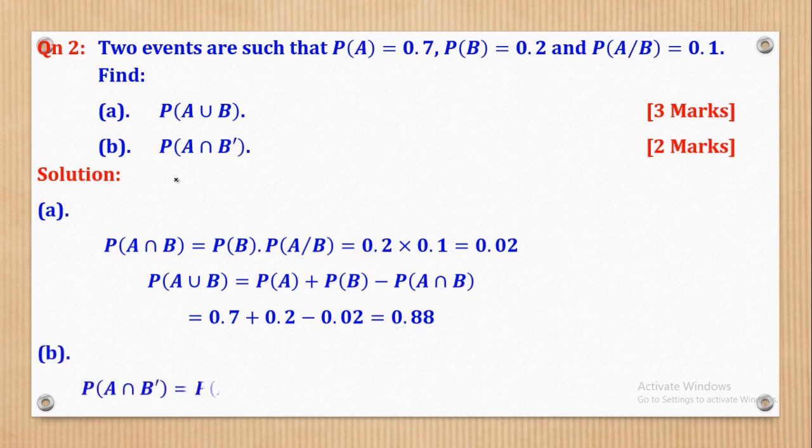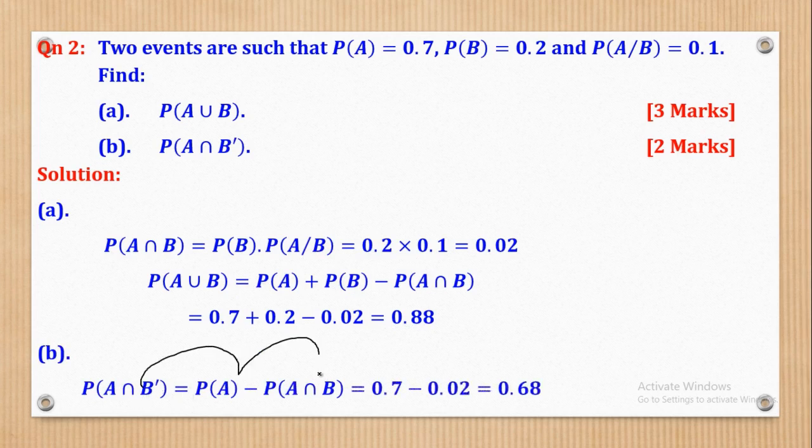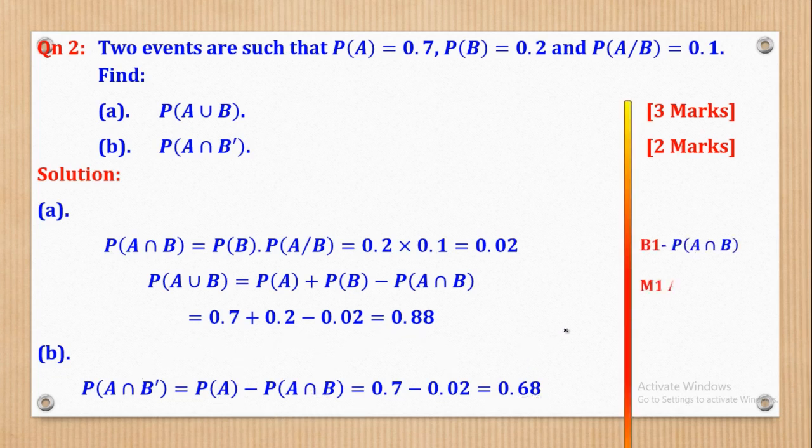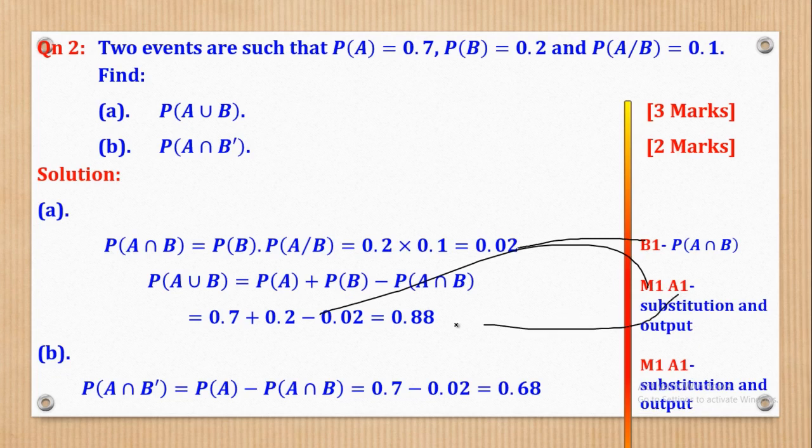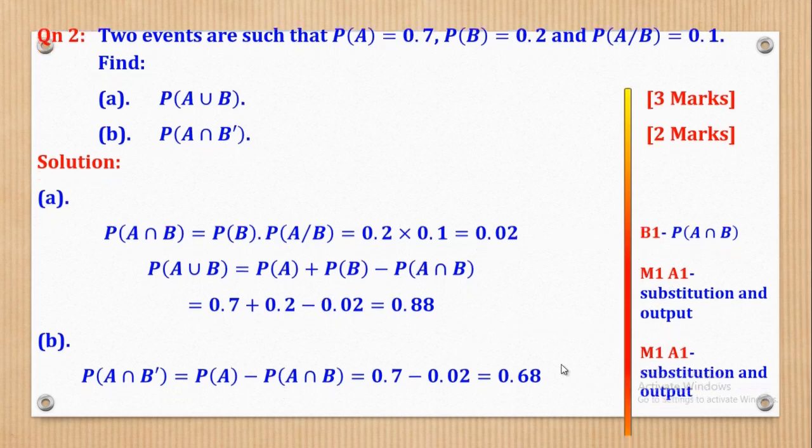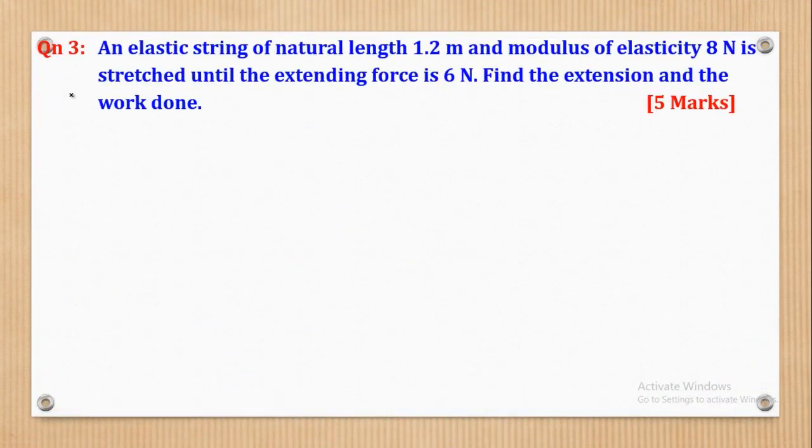Then part B, the probability of A intersection B complement is equal to the probability of A minus the probability of A intersection B. So the probability of A is that, A intersection B is that, therefore the answer is 0.68. So B1 for getting this intersection, M1 for this substitution, A1 for the output, M1 for the substitution, A1 for the output. So that was question 2.